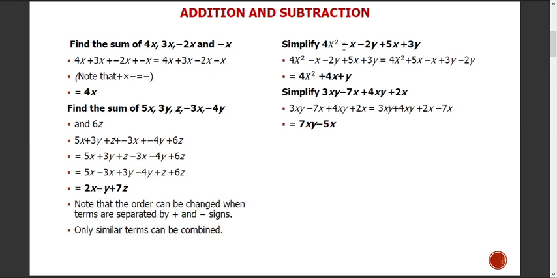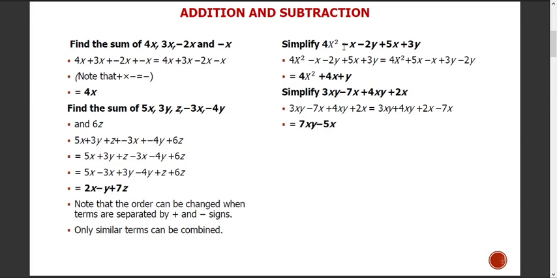Then the other scenario is if we have a product of unknowns. Still, for you to be able to add or subtract terms in an expression, the unknowns should be exactly the same. So here we have a 3xy and then a negative 7x or even a positive 2x. This term is very different from 3xy. So still we look for what looks exactly like this.